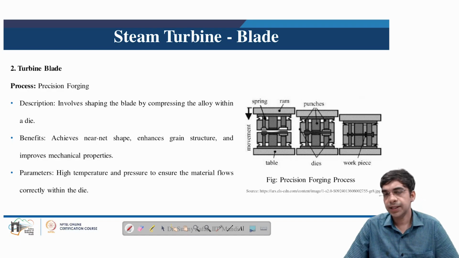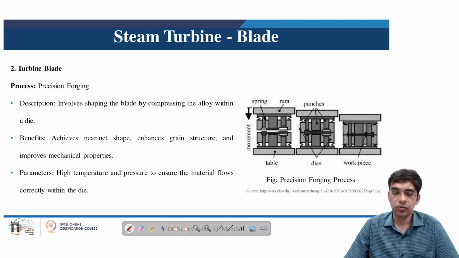While changing the shape, especially in forging or precision forging, the die has limited volume in which the material has to flow, and upon compressing it and forcing it to flow within the same volume, the microstructure generally refines, because the material will flow, and the micropores or porosity or micro voids present will be filled up with the flow of the material.